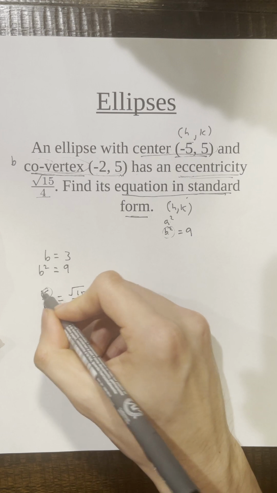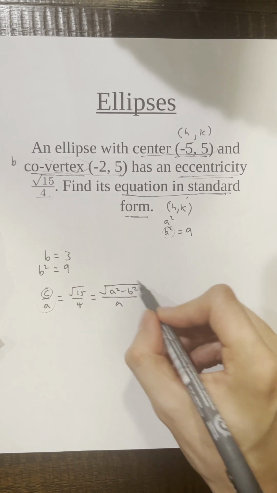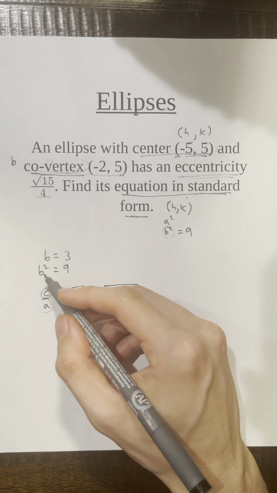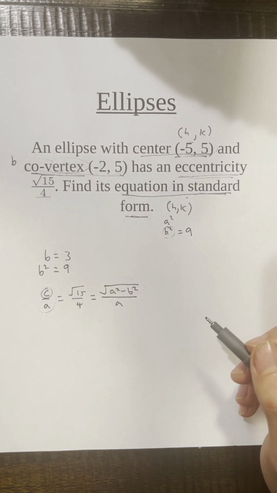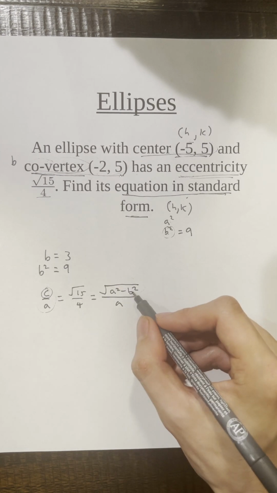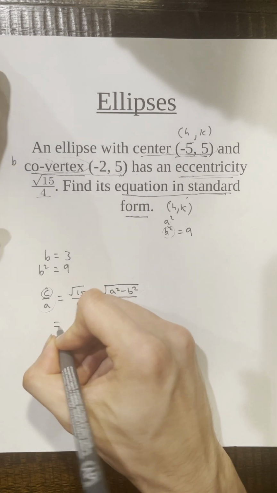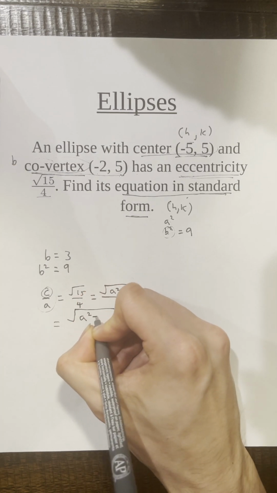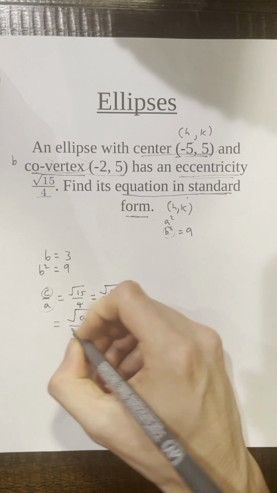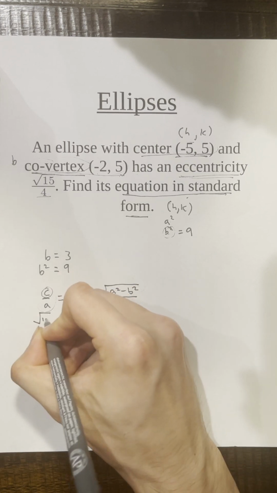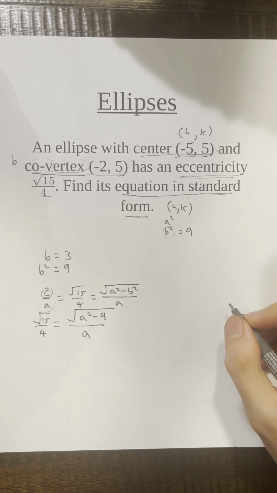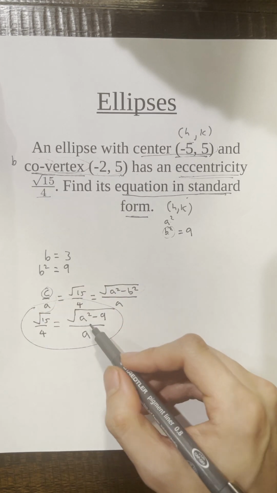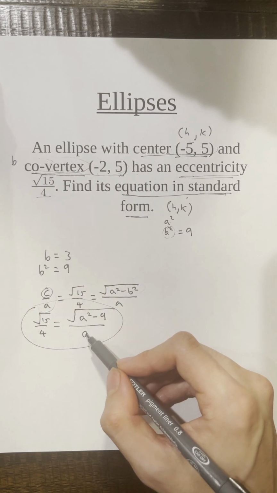Okay, so I just changed c in this fraction to square root of a squared minus b squared. And b squared was how much again? 9. So let's just change this to 9. Okay, I like where this is going because we have one equation and one unknown. That unknown is a.